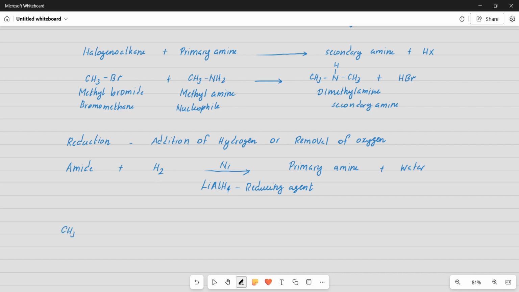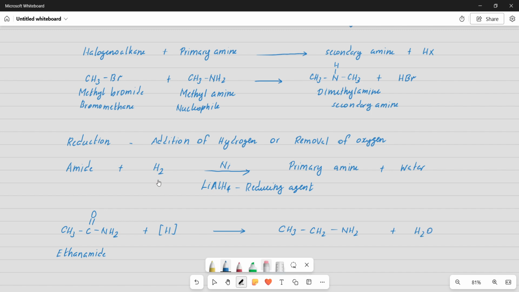Let me take amide. Already I told you amide has a functional group of C double bond O NH2. I have hydrogen from the reducing agent. So this is ethanamide. The hydrogen is going to get added across the carbon double bond O, so you are going to have CH2. And the oxygen will be removed as water.